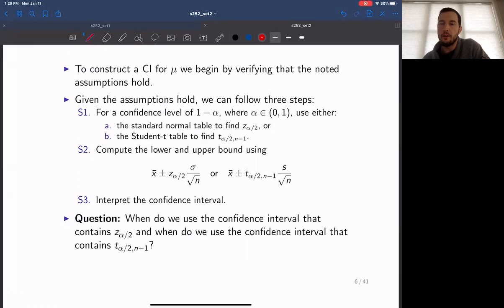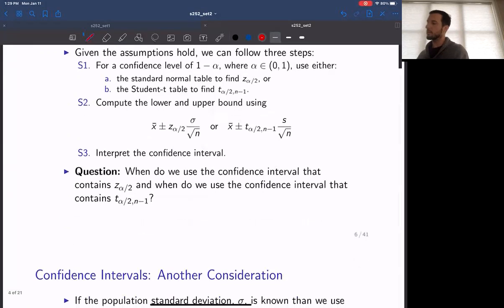Then we will find either the z-score or the student t-value that corresponds to our confidence level. We use the z-score when we have the population standard deviation. We use the t-value when we do not have the population standard deviation.